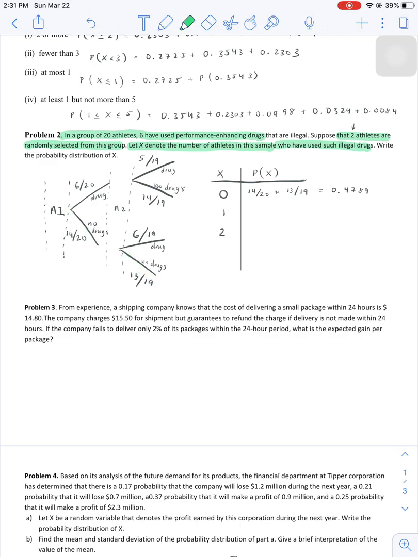All right, now what's the probability that exactly 1 athlete took the drugs? Well, the probability that only 1 out of our 2 athletes took the drugs is the probability that athlete 1 took the drugs and athlete 2 did not, or the probability that athlete 1 did not and athlete 2 did.